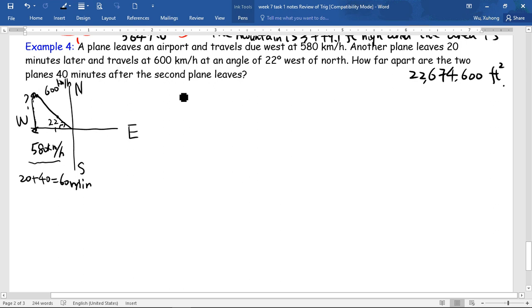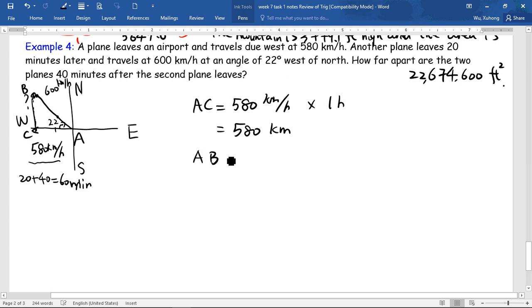Okay, so we want to label it A, B, C. The distance traveled by one airplane is 580 kilometers per hour times 1 hour, so it is 580 kilometers. The other plane, AB, traveled at 600 kilometers per hour, but not for 1 hour.